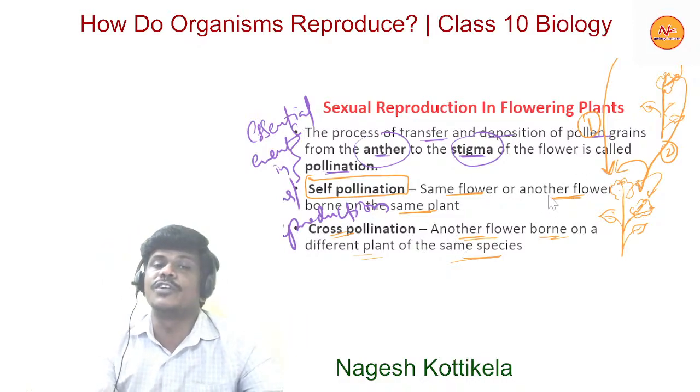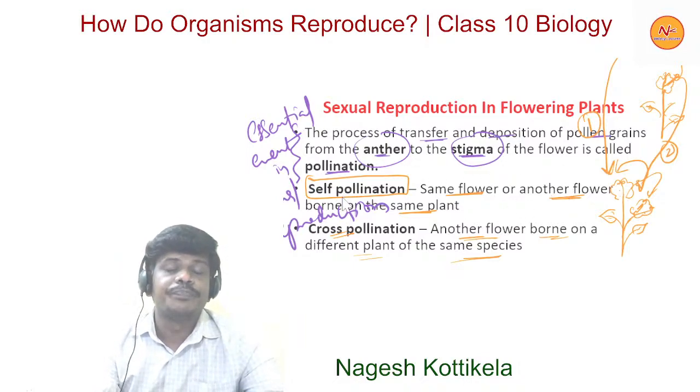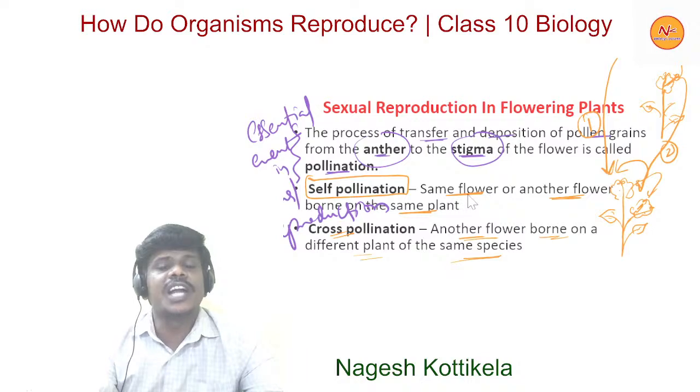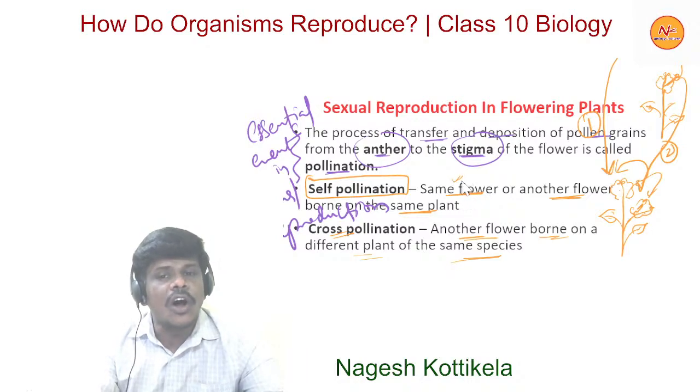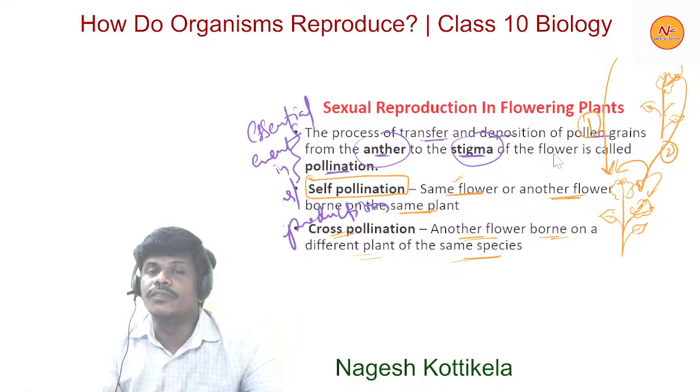So these are the differences between self pollination and cross pollination. Self pollination occurs in the same flower or another flower borne on the same plant, but cross pollination occurs between two different flowers present on two different plants of the same species.